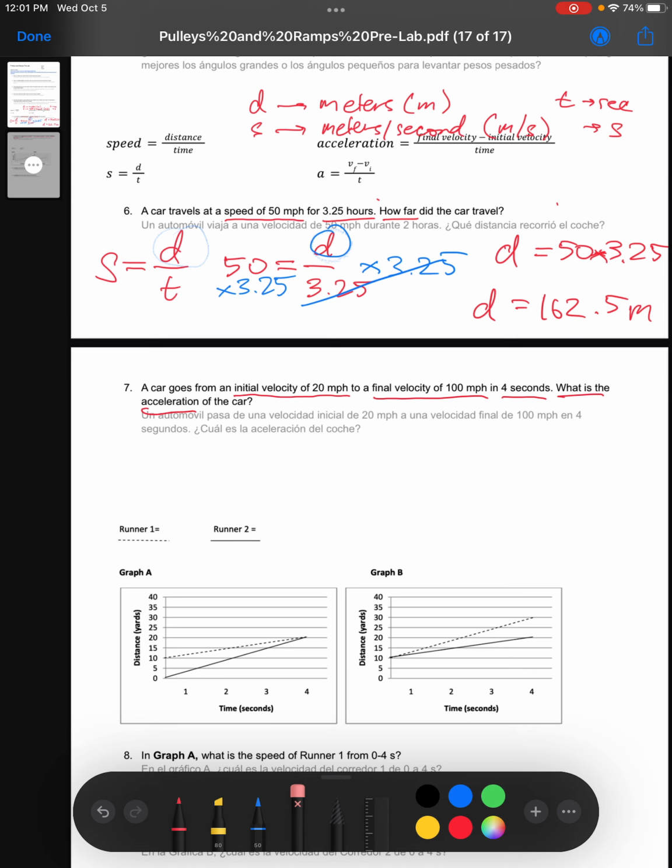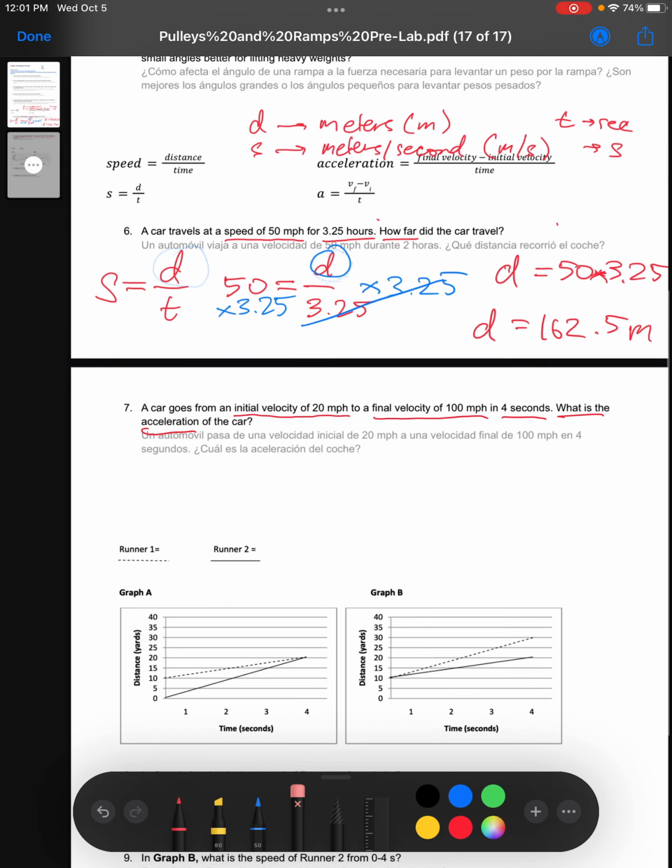So what variable goes with initial velocity? Looking up here at these equations, what letter goes with initial velocity? So initial velocity is vi.